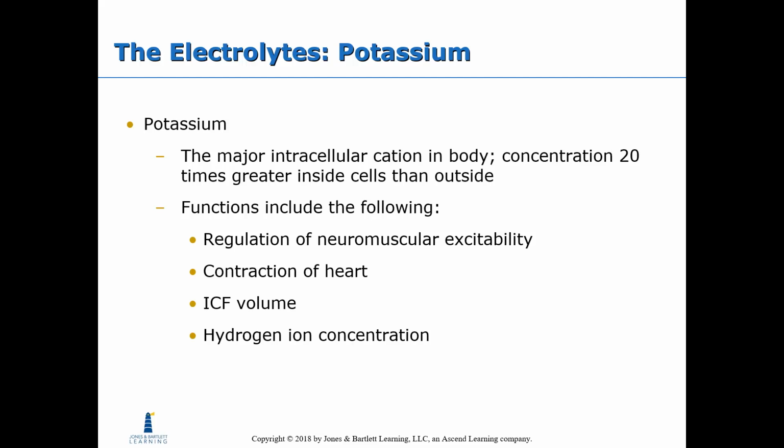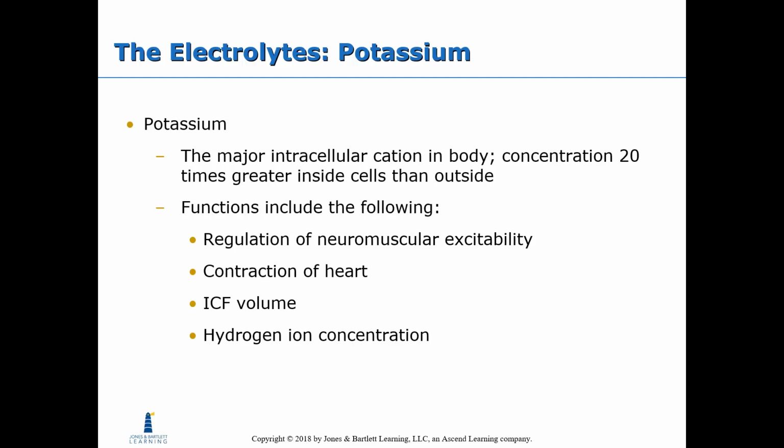Functions include the following: regulation of neuromuscular excitability, contraction of the heart, intracellular fluid volume, and hydrogen ion concentration. So when we have any type of muscle contraction, including heart muscle contraction, the nerve impulse, anything like that, we have a movement of ions from the inside to the outside and outside to the inside.